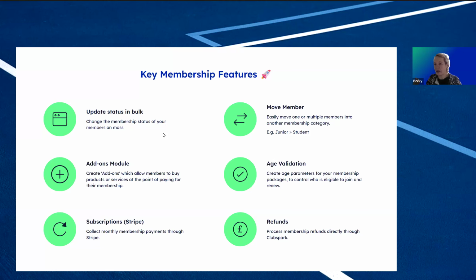So if you want to sell a club hoodie, or a key or a fob or a deposit, then you can add them on. We've also got donations and so on, so I'll cover that. Age validation can prevent adults from joining junior packages and so on. The subscriptions module in Stripe, we've got that now, so you can have monthly installments and people can pay it off in shares. And refunds, you can make refunds within the system.